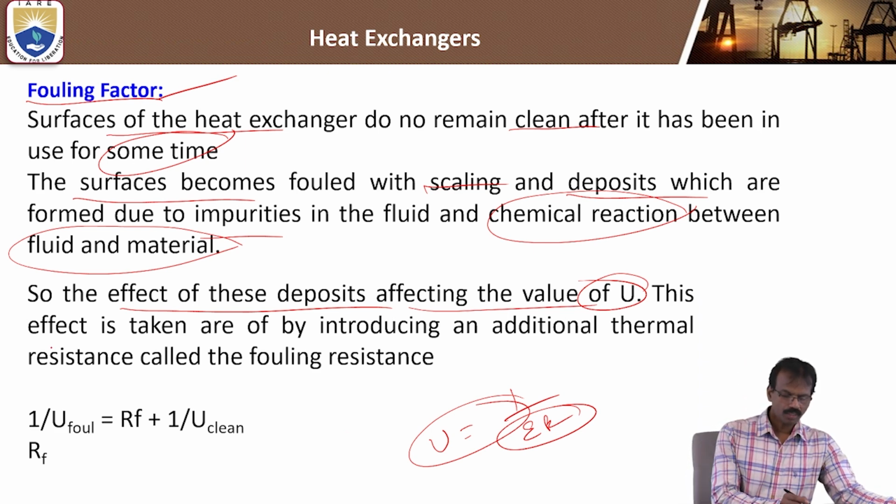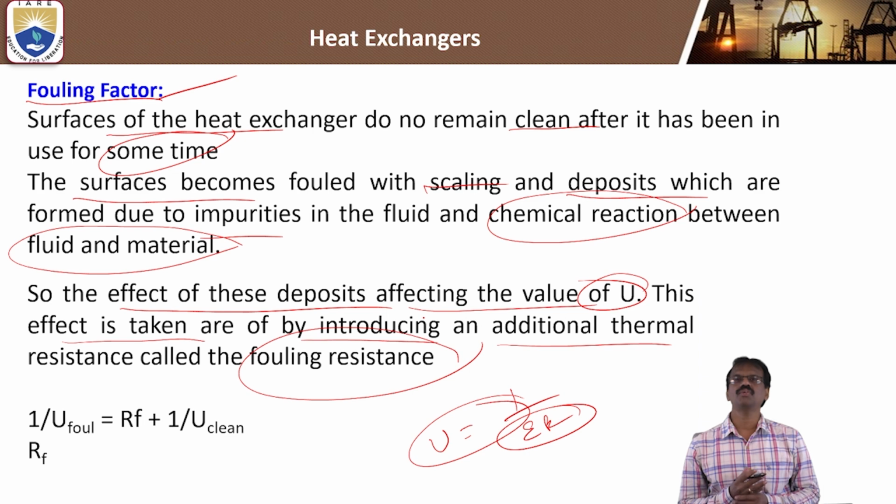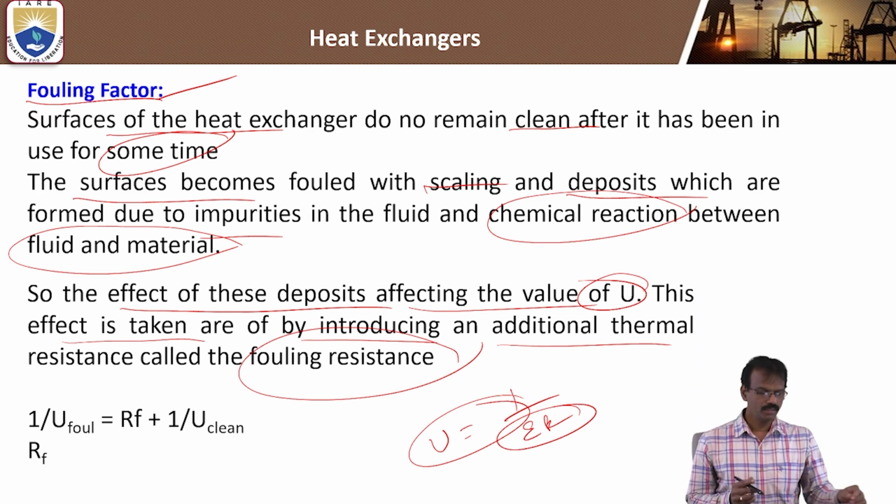Okay. So the effect is taken by introducing or adding additional thermal resistances. That is called fouling resistance. So you have to add the fouling resistance, which occurs due to the fouling factor.